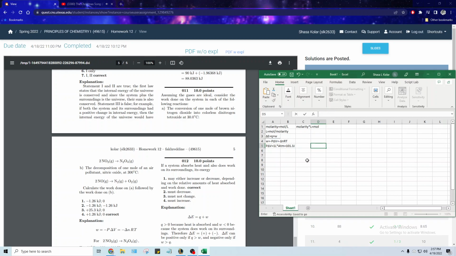It'd still be negative a half because the change is minus 1/2. Anyway, when the volume is decreasing, then the change is negative and the work is positive. So we're just going to say that this is a positive equation. Anyway, so that's negative half for n.